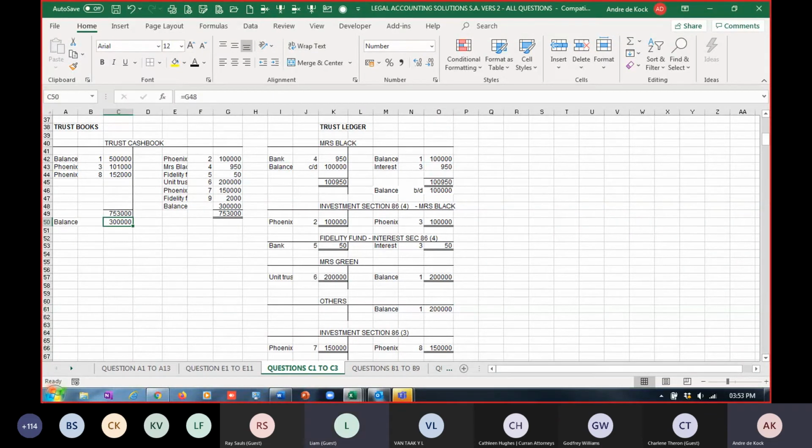Okay, thanks. Now I just want you to have a look quickly, so we're not going to do question C3. Look at C3: what are you required to do? If you see point number 2 and point number 3, it says you are required to extract a list of trust balances as required by the Law Society rules.